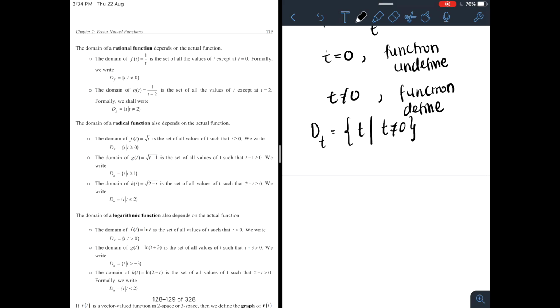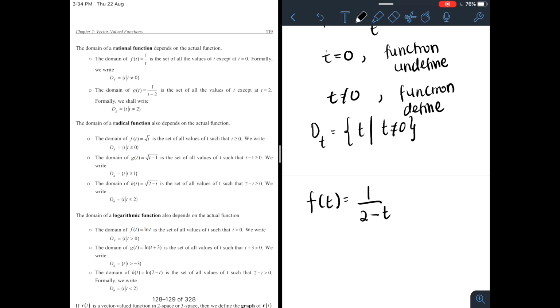So let us try to experiment with whatever we have understood earlier. Let's say I'm giving you this kind of question. Function f(t) = 1/(2 - t). Determine the domain of this function.